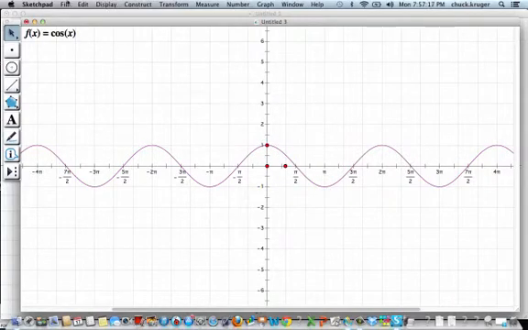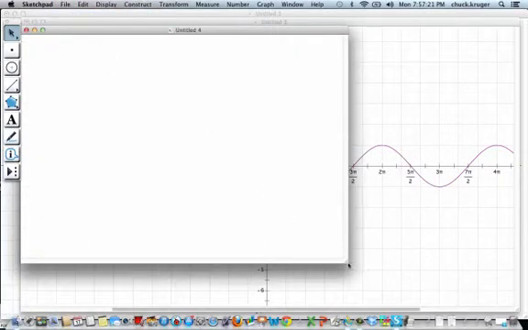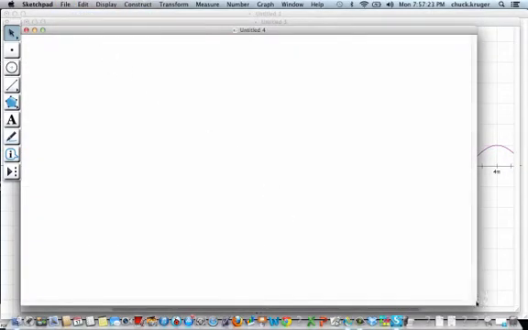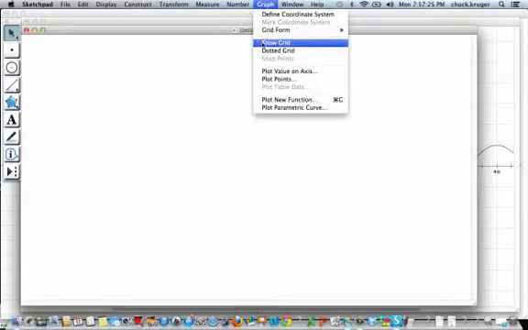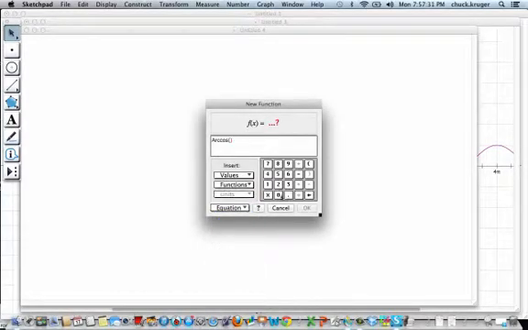And I'm going to take a look. I'm going to make a new sketch here, and I'm going to show you what that looks like. I'm going to graph the inverse.